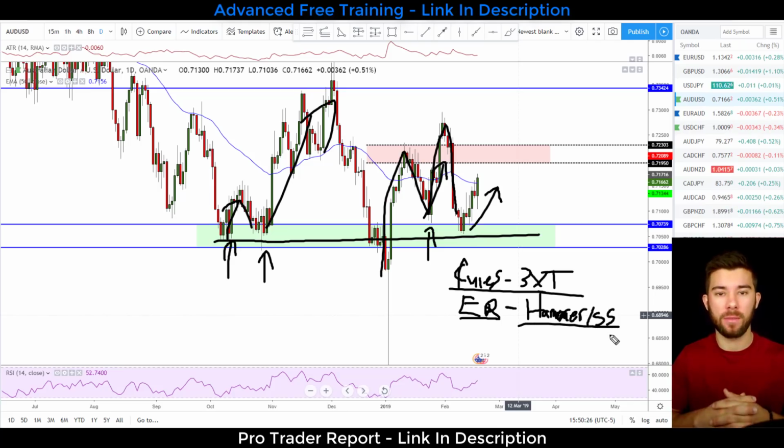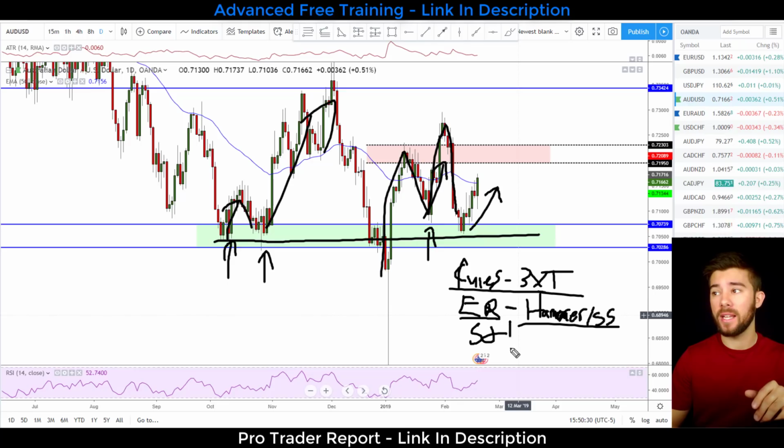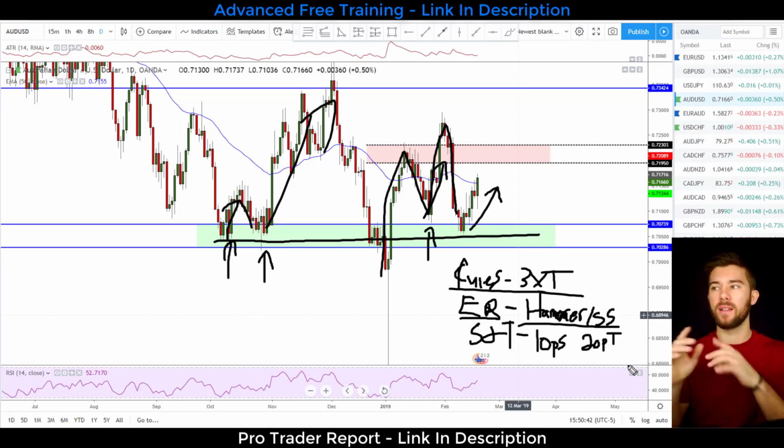This is how you enter the market. After that, you need stop and target rules based around whatever you want to base it around. So let's say you have a 10 pip stop, just to be super simple, and a 20 pip target every time you place a trade in this way.